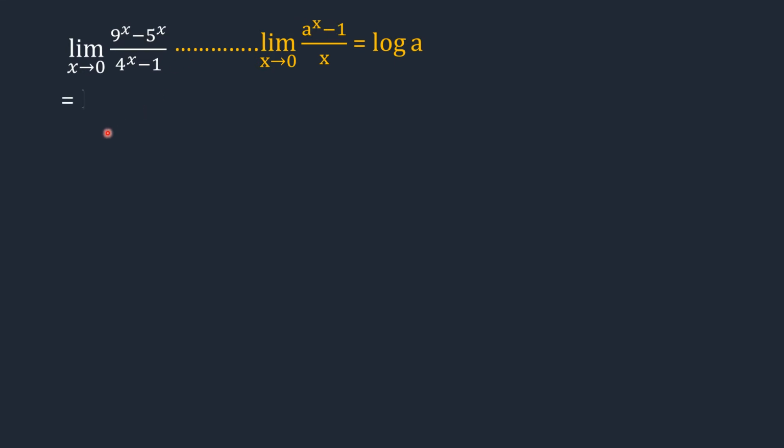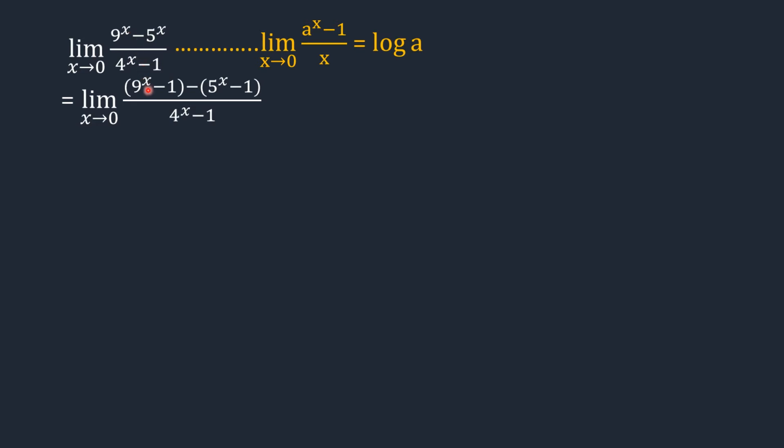Therefore, we will write the next step as 9 to the power x minus 1 minus 5 to the power x minus 1. Here, minus into minus 1 will be plus 1, plus 1 minus 1 will be 0, and 9 to the power x minus 5 to the power x will remain, which is same as the original numerator.